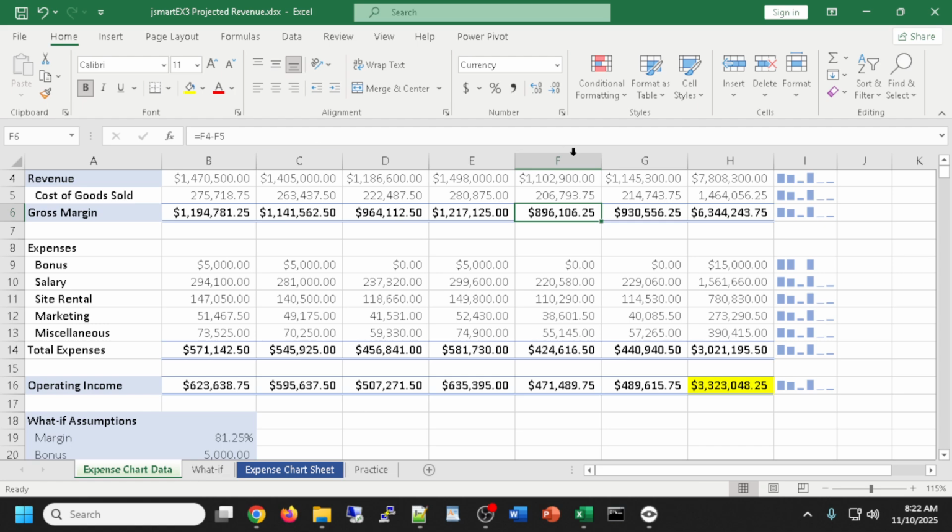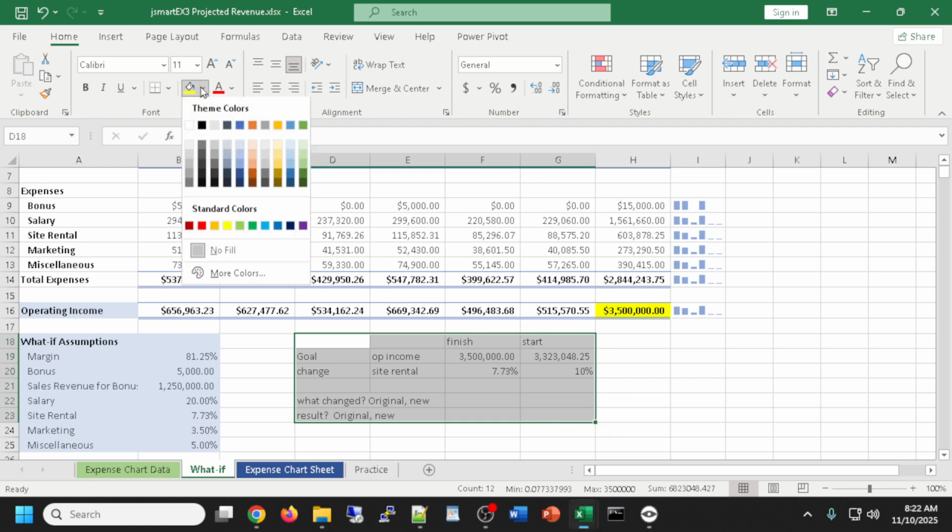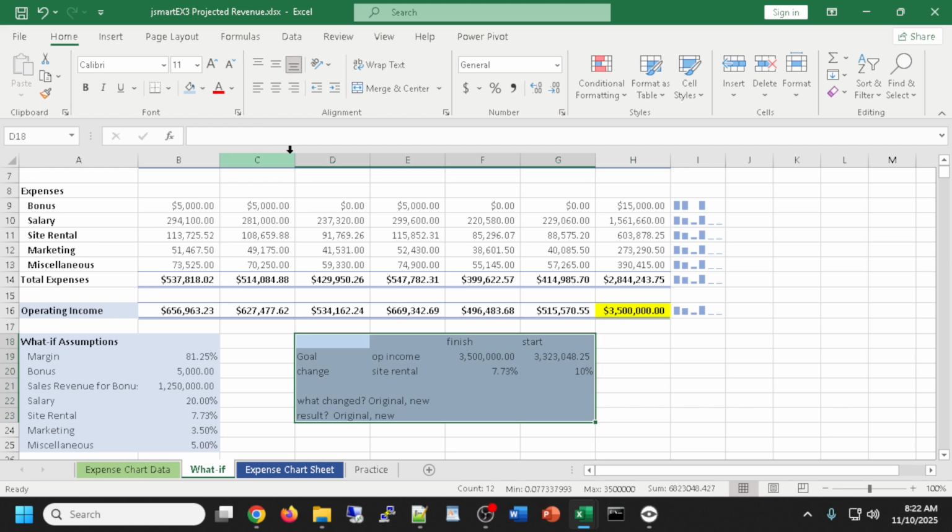I made a copy of this spreadsheet, leaving this to be my original. Went to what if, and here's what we did with our little what if analysis. I'll shade that just for fun here. The deal was, we're looking for a change in operating income.